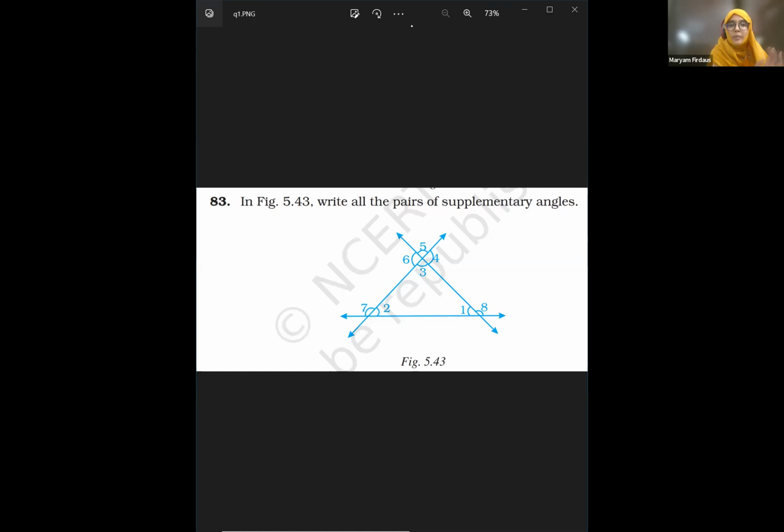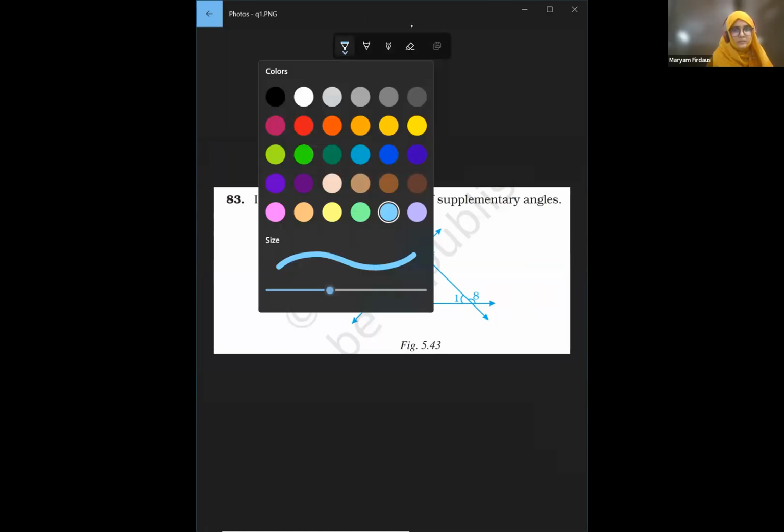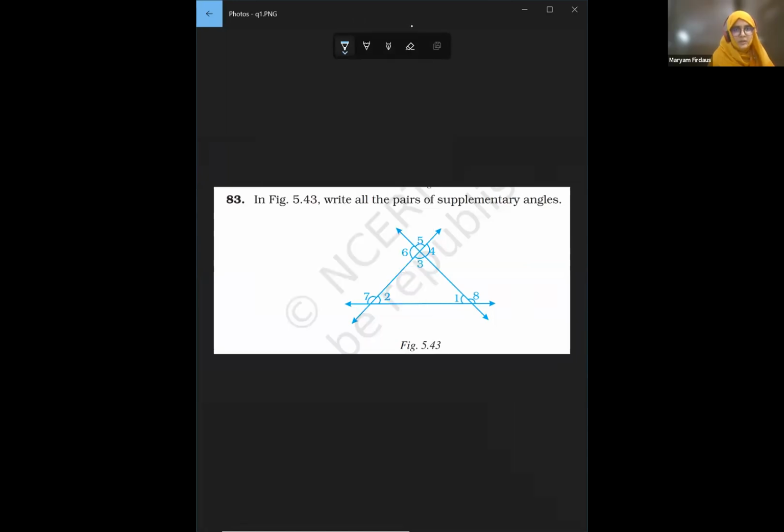So look at the top part of the figure. Wait, let me just see how I can. Wait a minute, Hiba. Okay. So if you can see this over here, which two angles are like this one?